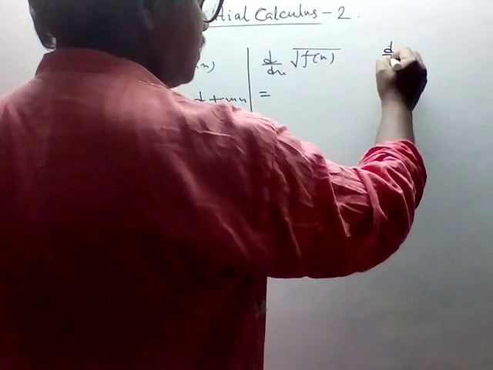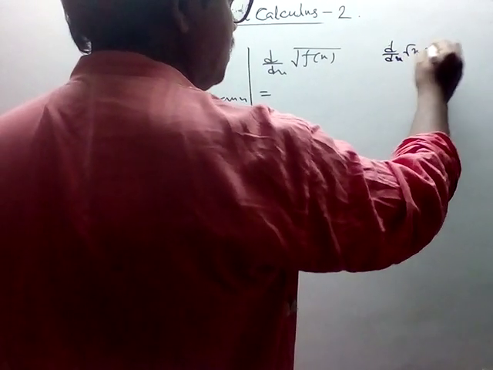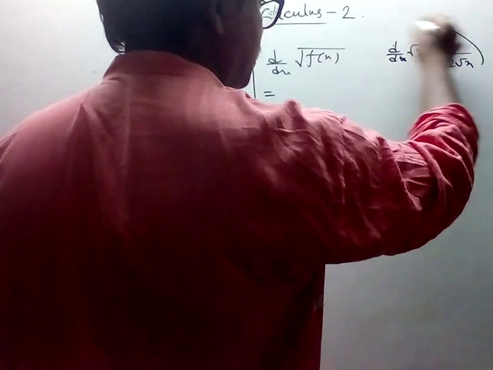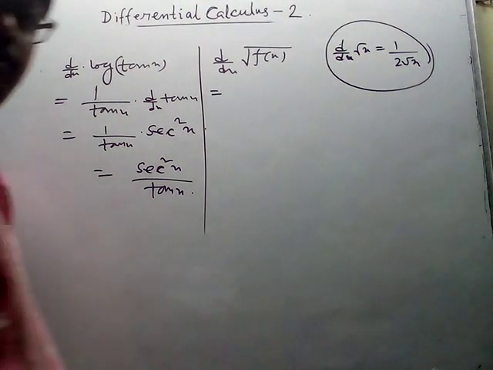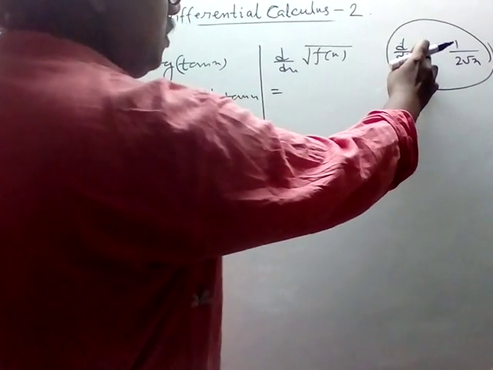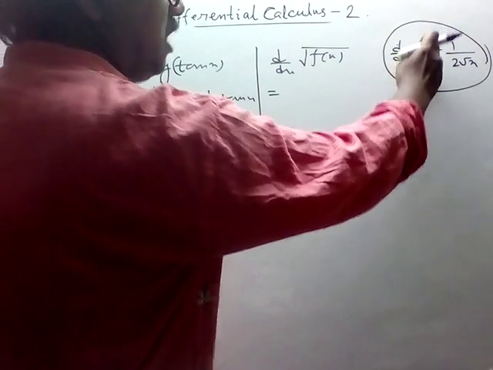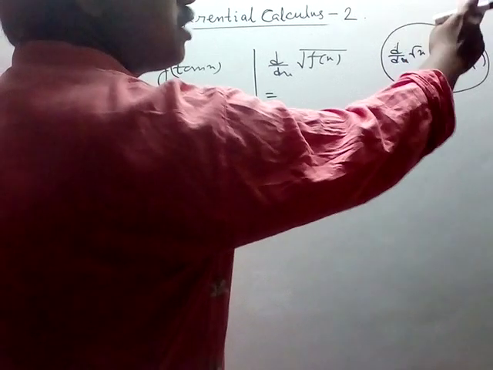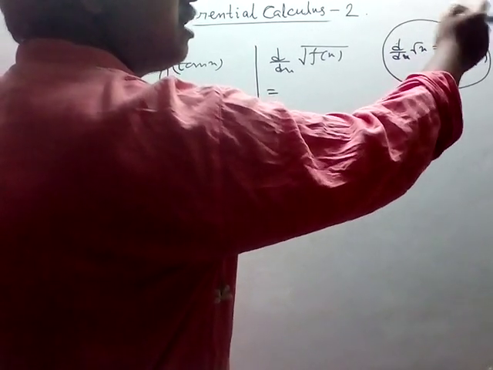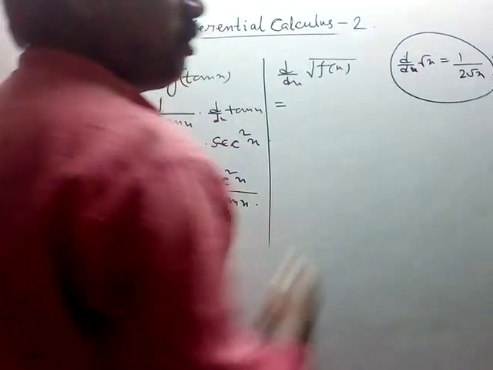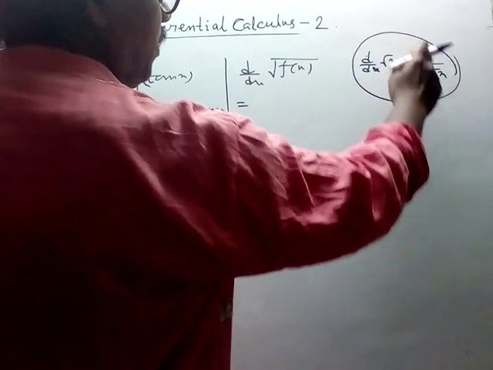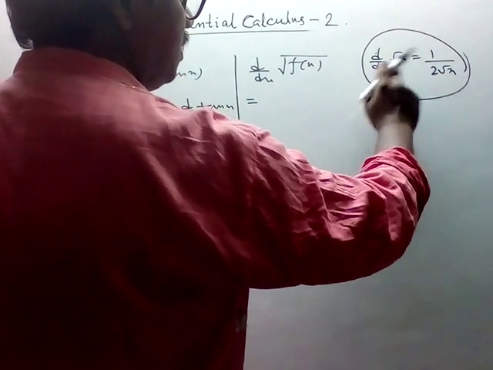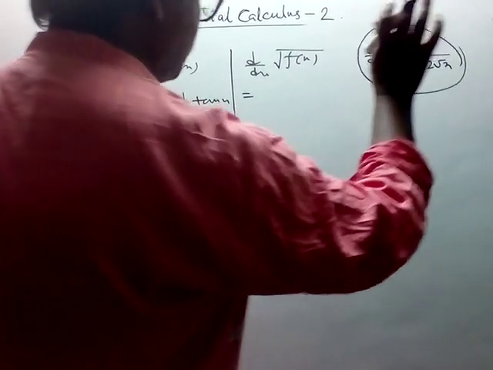We know d/dx of root x is 1 by 2 root x. Root x means x power half. d/dx of x power half means half x power half minus 1. Half minus 1 means minus half, so x power minus half means 1 by x power half, that is, 1 by root x. Therefore, d/dx of root x is 1 by 2 root x. Always remember this: d/dx of root x is 1 by 2 root x.